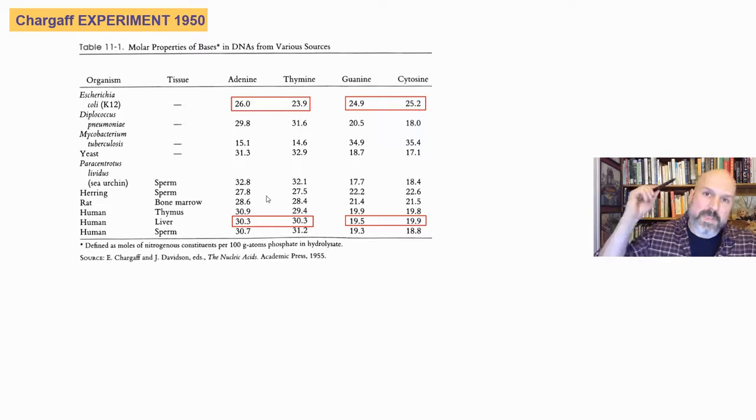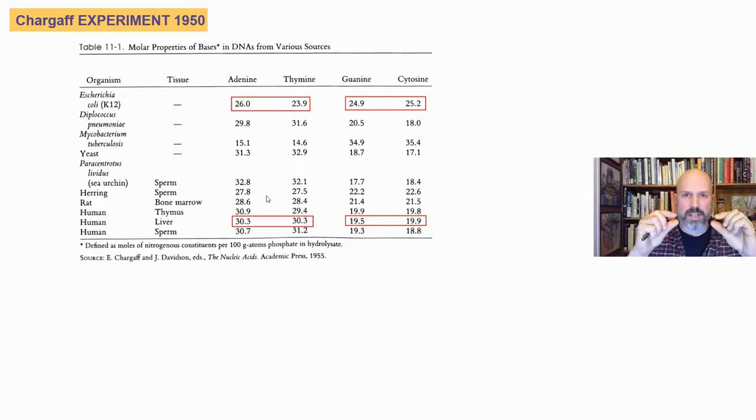Okay. Erwin Chargaff was doing some experiments on the side. He was a little weird. He was into isolating all the chemicals that made up living organisms.